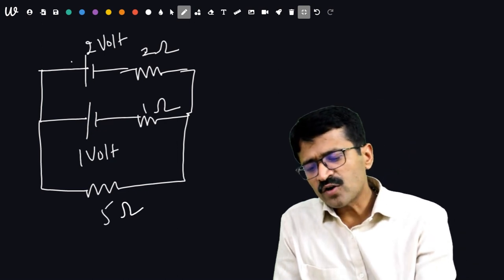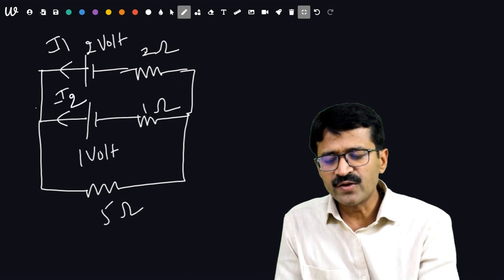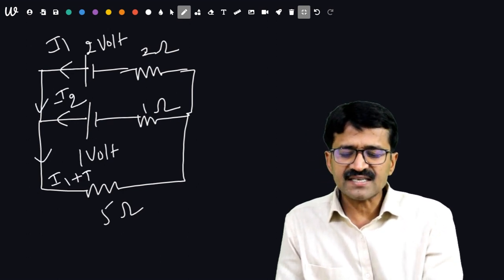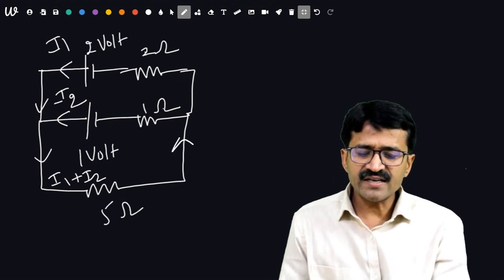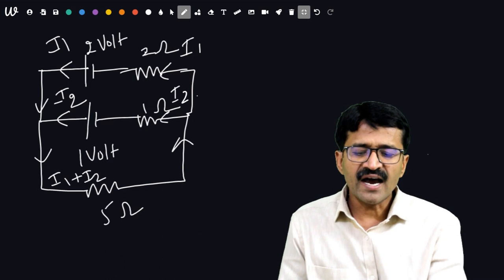Now according to the first law, this is supposed to be current I1, this current is supposed to be I2. The total current, the first law will give, is I1 plus I2. This current is divided again into initial parts I1 and I2.